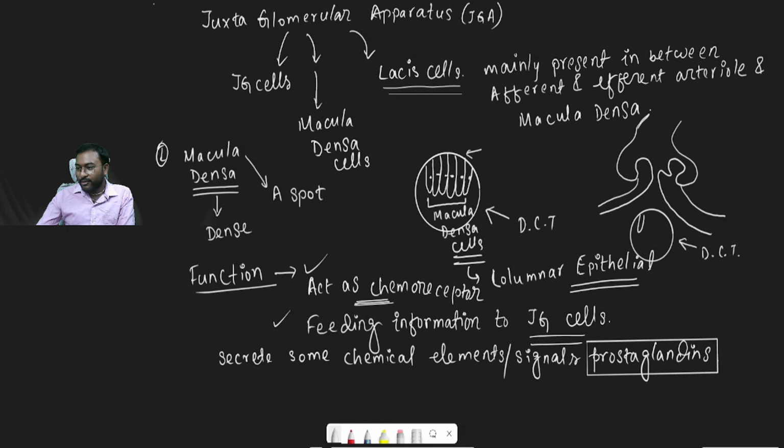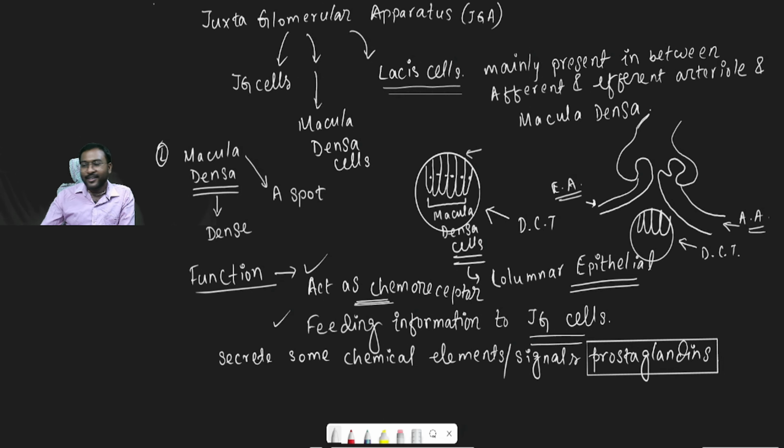Here the macula densa cells are present. Understand? This is known as the afferent arteriole. I have mentioned this earlier, so I am showing it in short form, and this is known as the efferent arteriole.